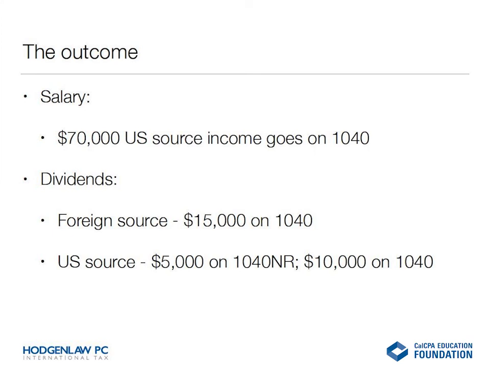So going to the second to last page in the package, this is from the dual status statement part of the return, and this is the $5,000 of U.S. source dividends that she earned while living outside the United States.